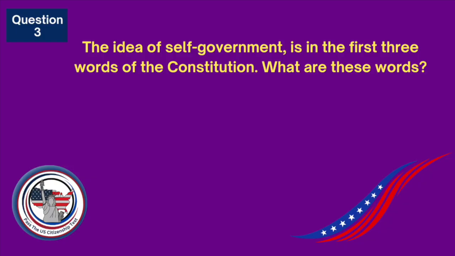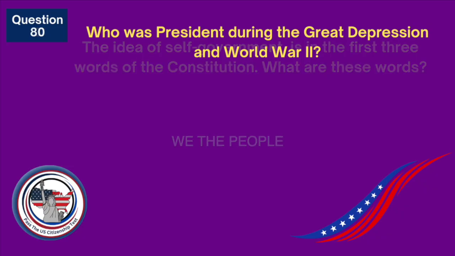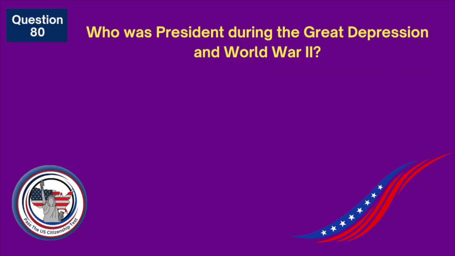The idea of self-government is in the first 3 words of the Constitution. What are these words? We the people. Who was president during the Great Depression and World War II? Franklin Roosevelt.